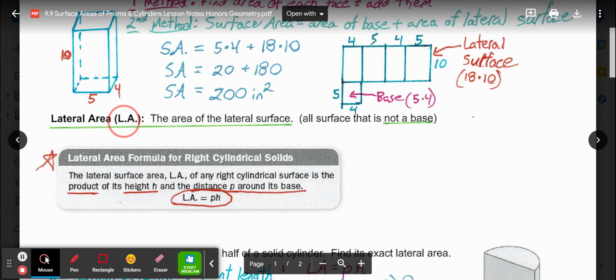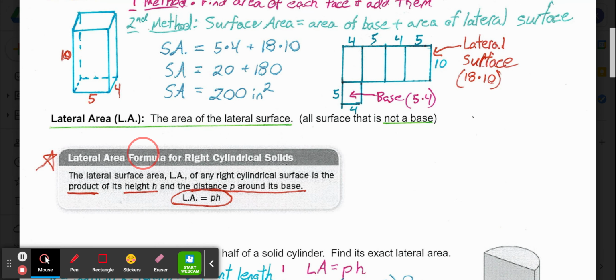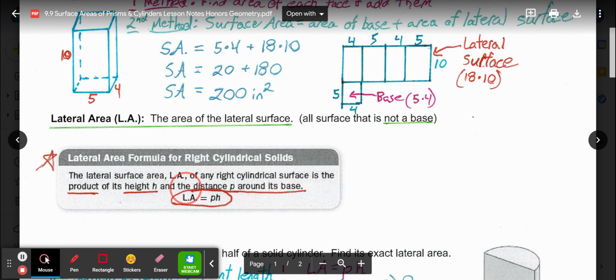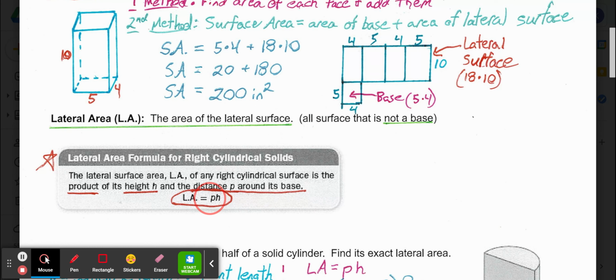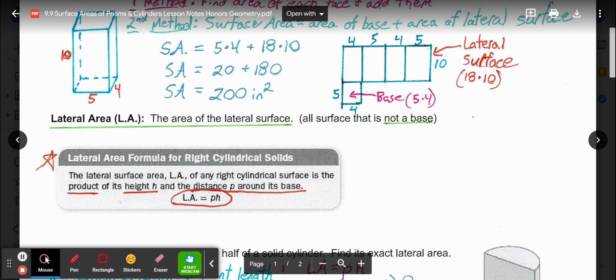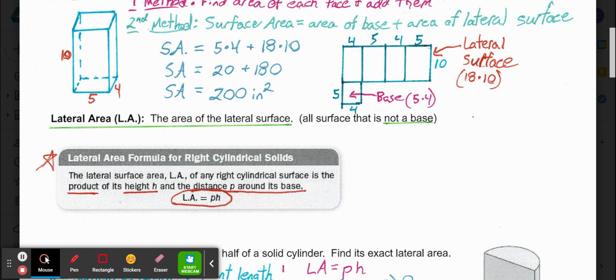If it's dealing with right cylindrical solids, the lateral surface area, or lateral area, of any right cylindrical surface is the product of its height and the distance around its base. So our lateral area is represented as P, the distance around its base, times the height. That is our simple formula for the lateral surface.